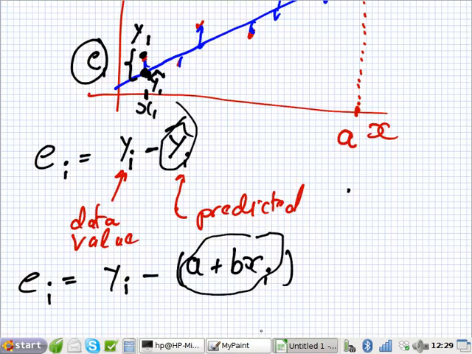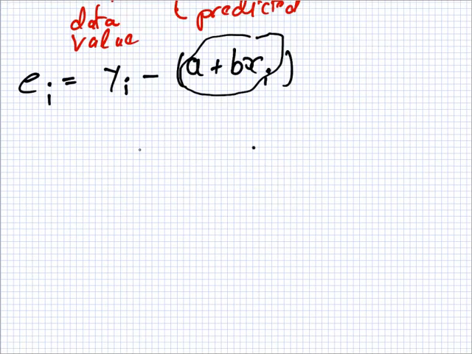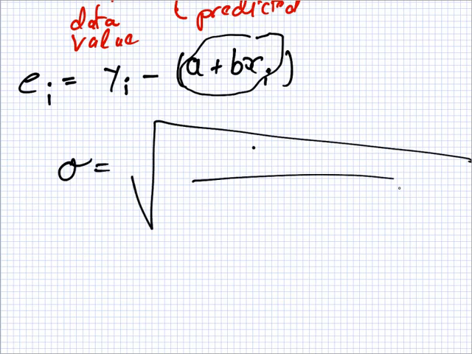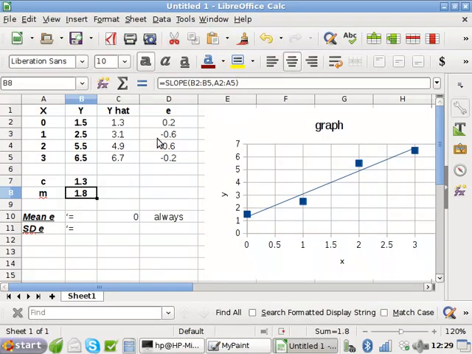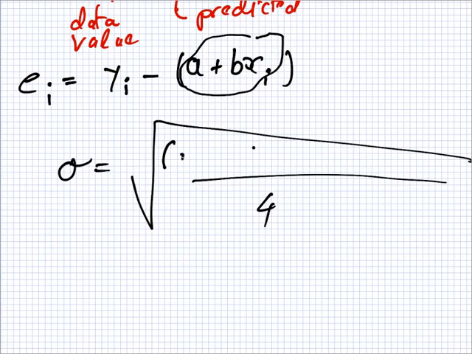So standard deviation, square root. What's the first number? 0.2. 0.2 minus 0 squared. And what's the next one? Okay, so go. Come on, give me the answer now.